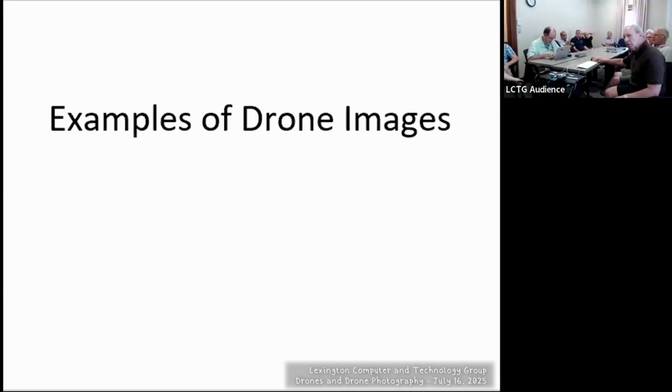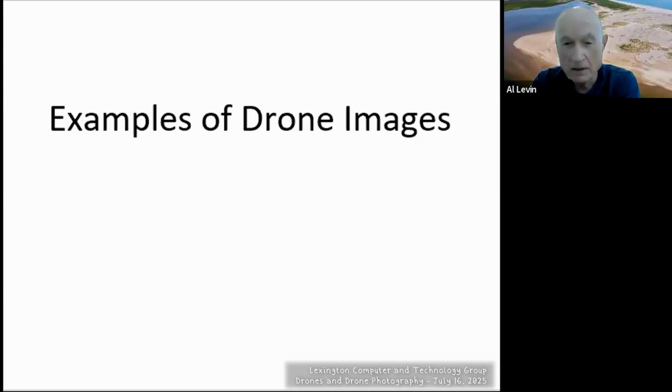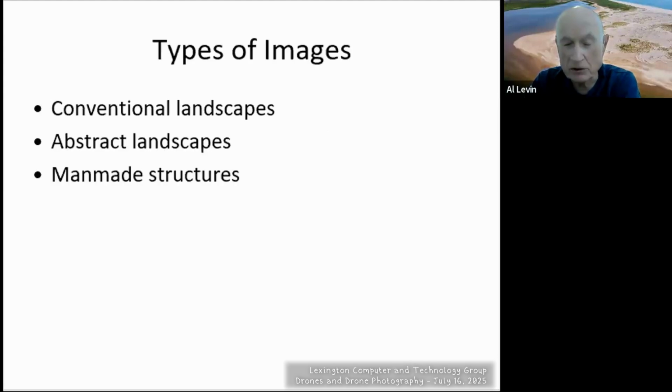You're in charge. Okay, this is the dreaded picture show, and I find that my images fall into 3 broad categories. Conventional landscapes, which means you recognize this is a landscape. It just happens to be a bird's eye view.